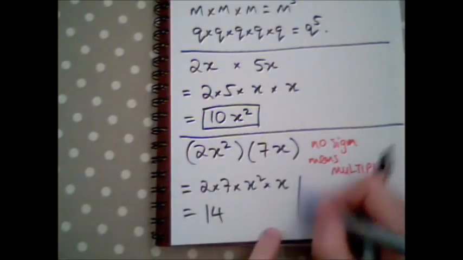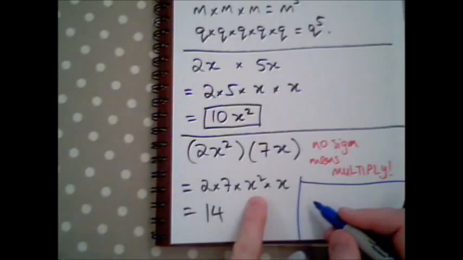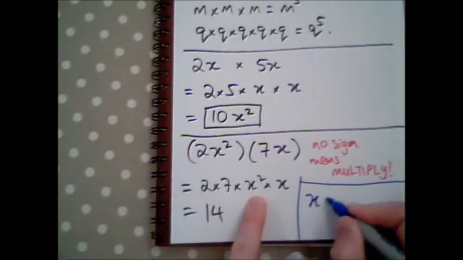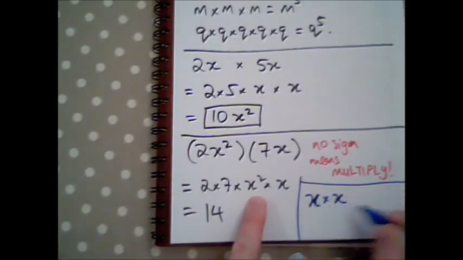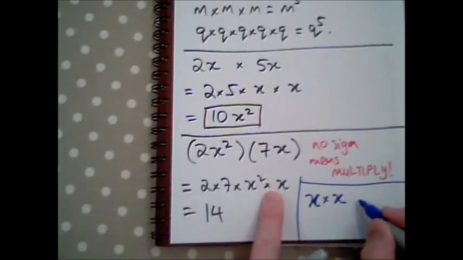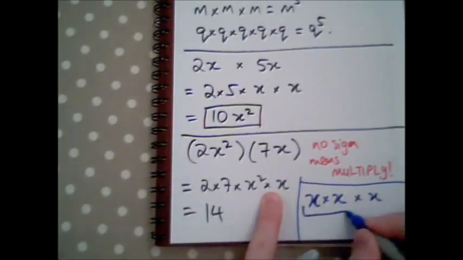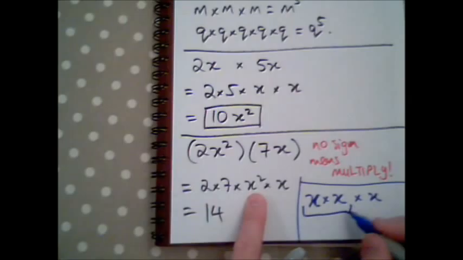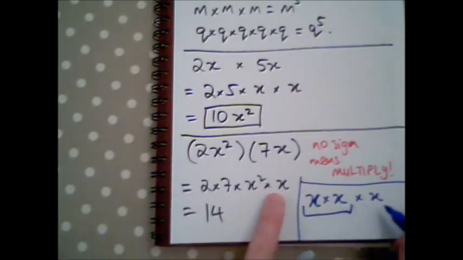If we come over to the side, x squared, that's really x times x. Times x. Alright, x squared, x by x, times another x. So now I have 3 x's all multiplied together. So try to keep this separate.